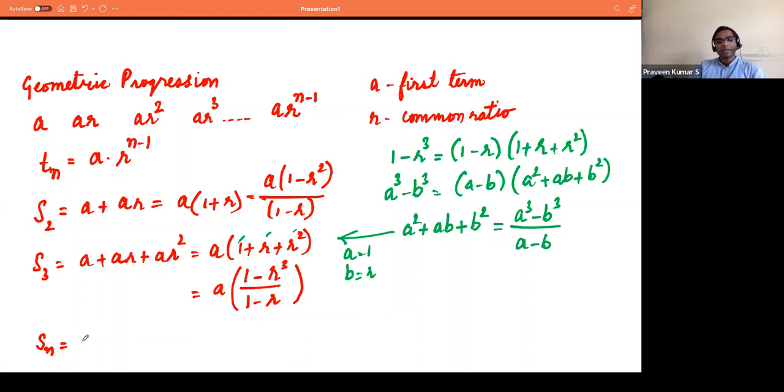If you write it till n terms, it is a into 1 minus r power n divided by 1 minus r. So the sum of n terms in a geometric progression can be written as a into 1 minus r power n divided by 1 minus r.